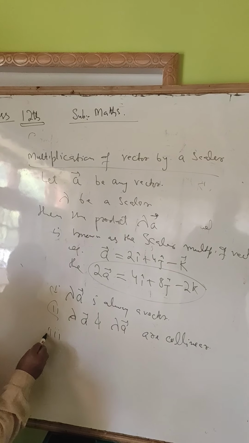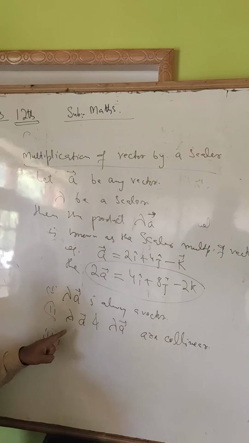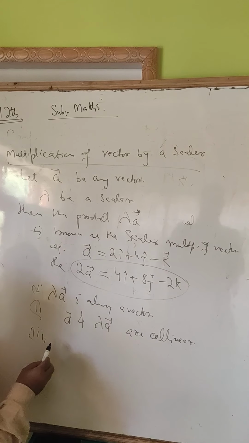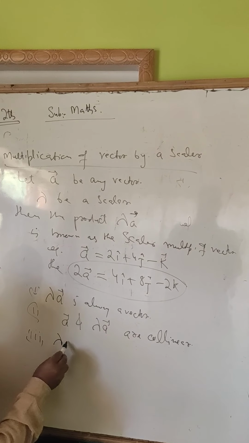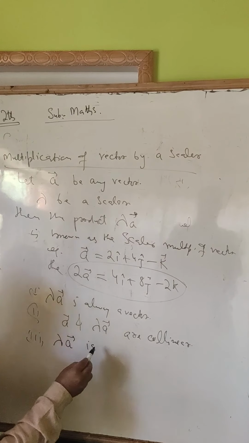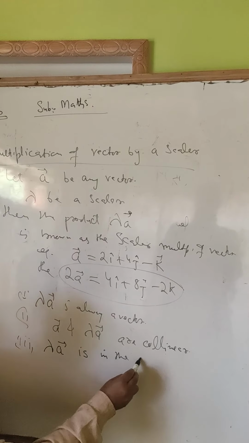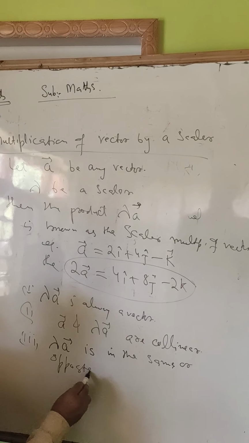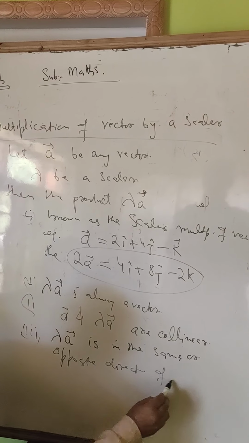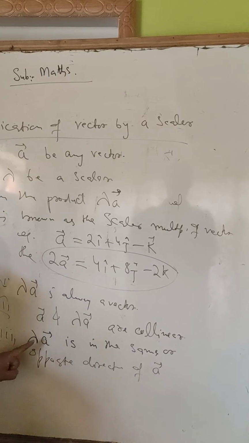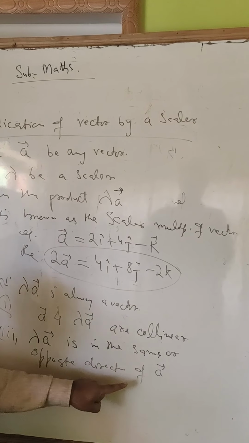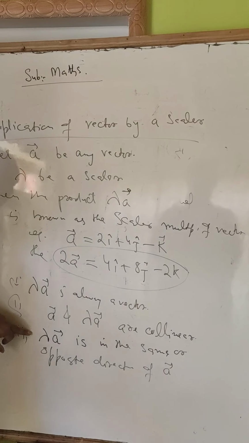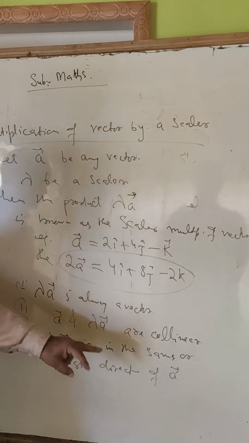Number third, lambda a vector is in the same or opposite direction of a vector, depending on the sign of the lambda. अगर lambda positive होगा, तब lambda a vector will be in the same direction as of the a vector.